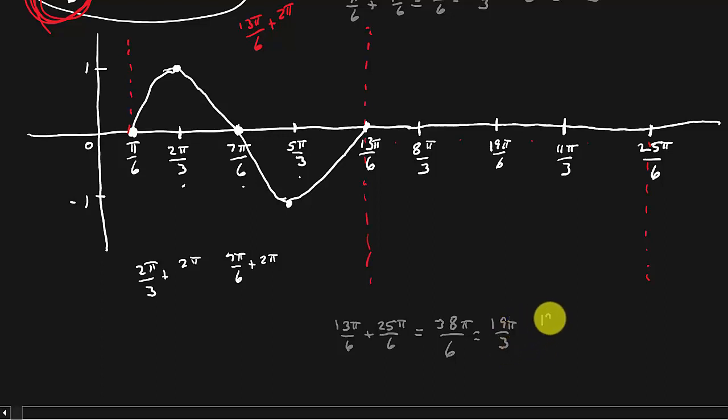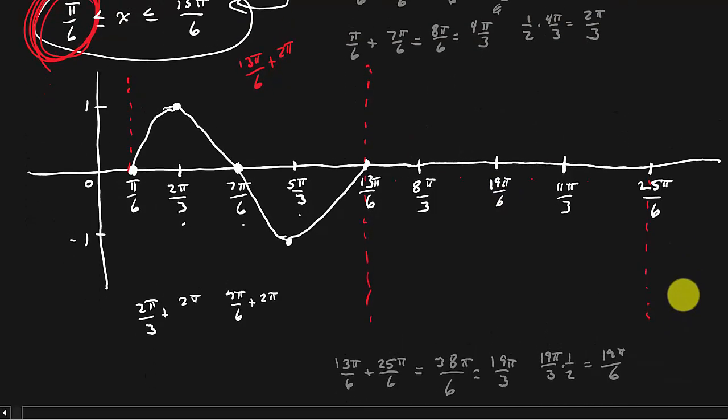Then we have to halve it. 19 pi over 3 times a half is 19 pi over 6. And see, there it is right there. You can get the midpoints of each, or you can just add 2 pi to each of those.